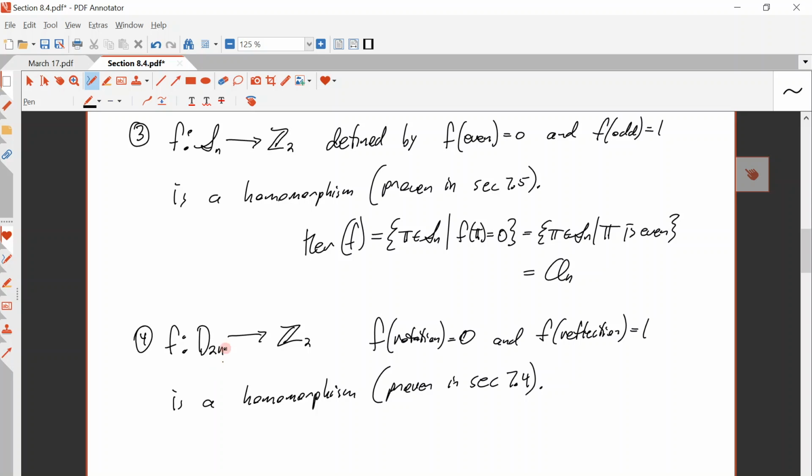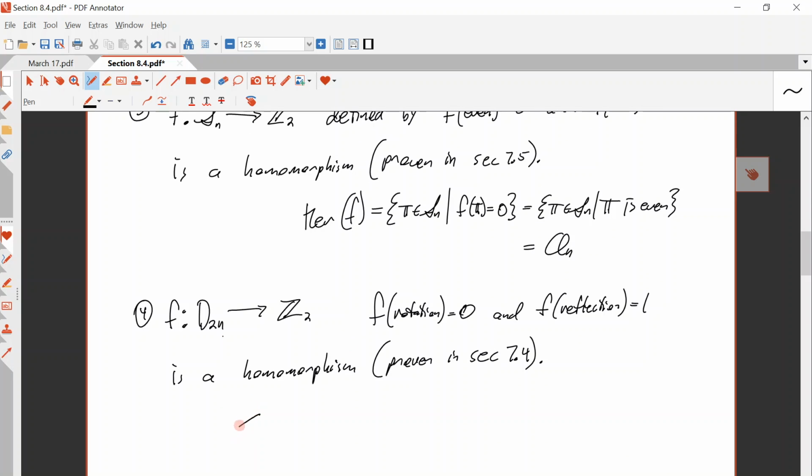Remember, you can always label the corners of the n-gon. On exam 1, you labeled the corners of the pentagon and showed that D10 is a subgroup of S5. You could also do that with any n-gon, of course, or any geometric object.